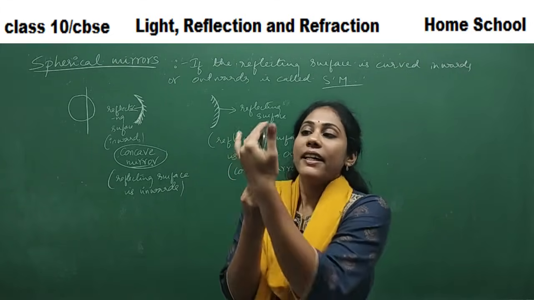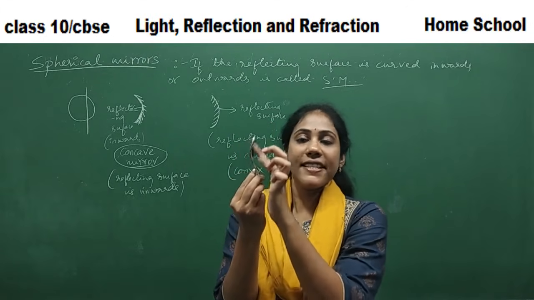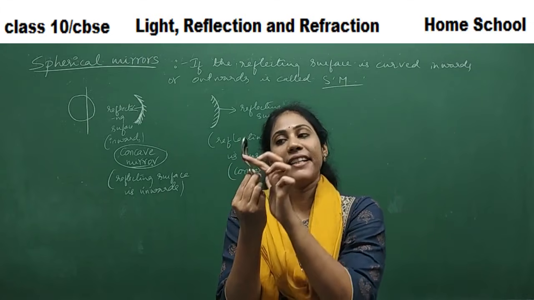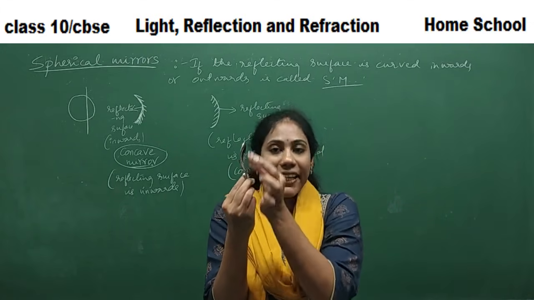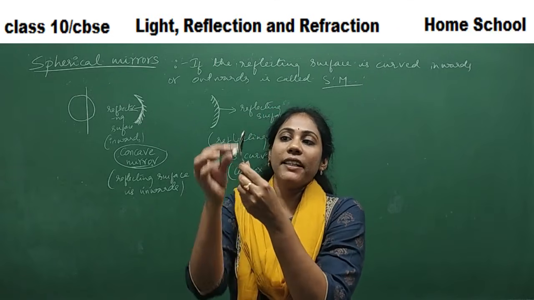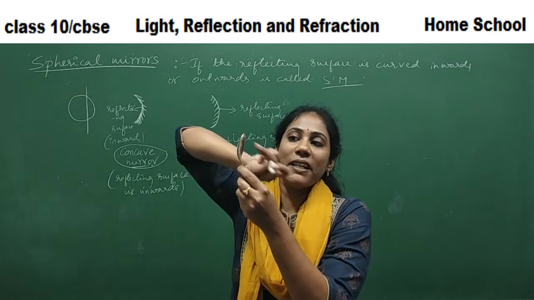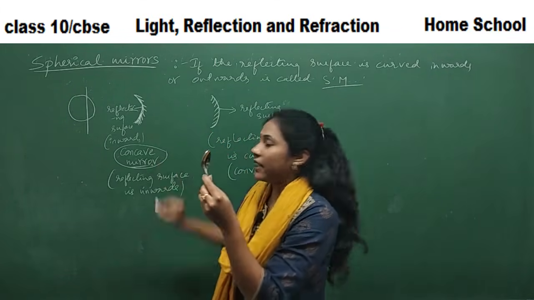Imagine this is a mirror. With this part polished, the reflecting surface looks as though it is curved inwards, like a cave. So if this particular side is polished, this becomes your reflecting surface, and this is what we call a concave mirror.